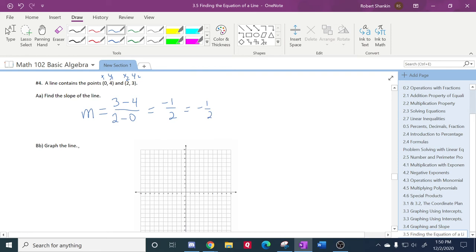Now, we're going to graph the line. The line, well, it goes through the point 0, 4, and it goes through the point 2 over 3 up. And we're going to connect these 2 points. There's the line.